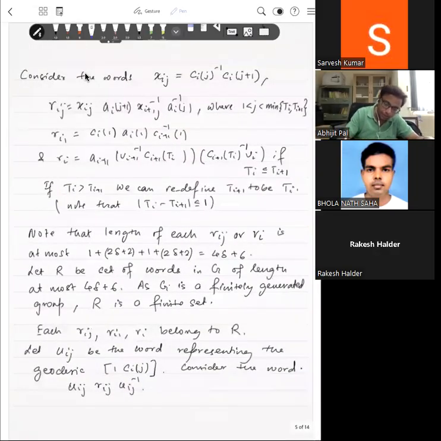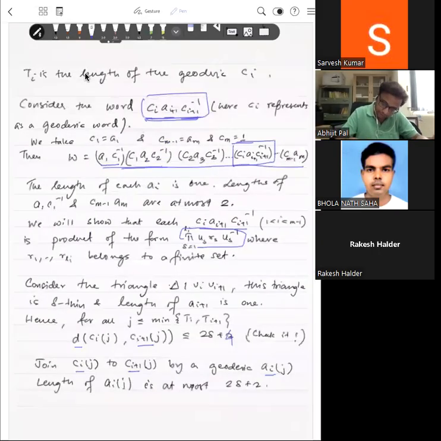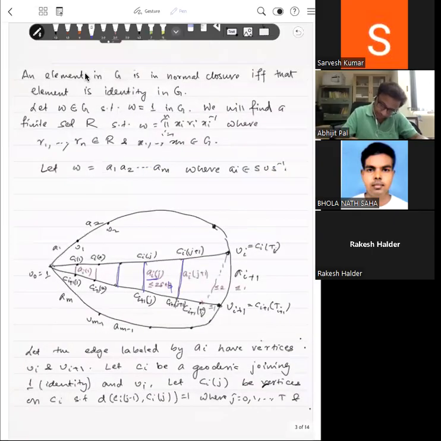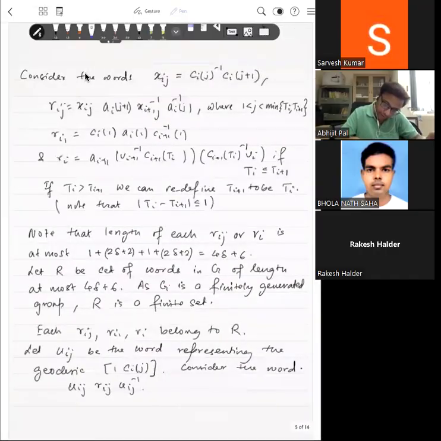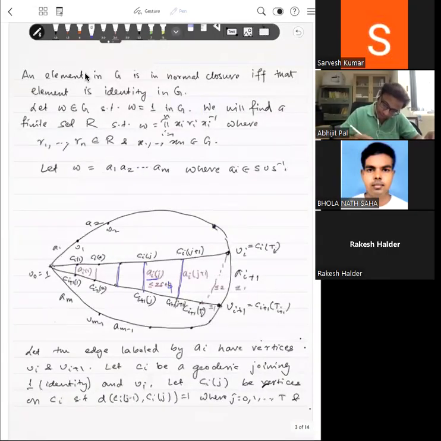So again, what is my Xij? It is Cij inverse Cij+1. The edge between Cij and Cij+1 will be labeled by this Xij.